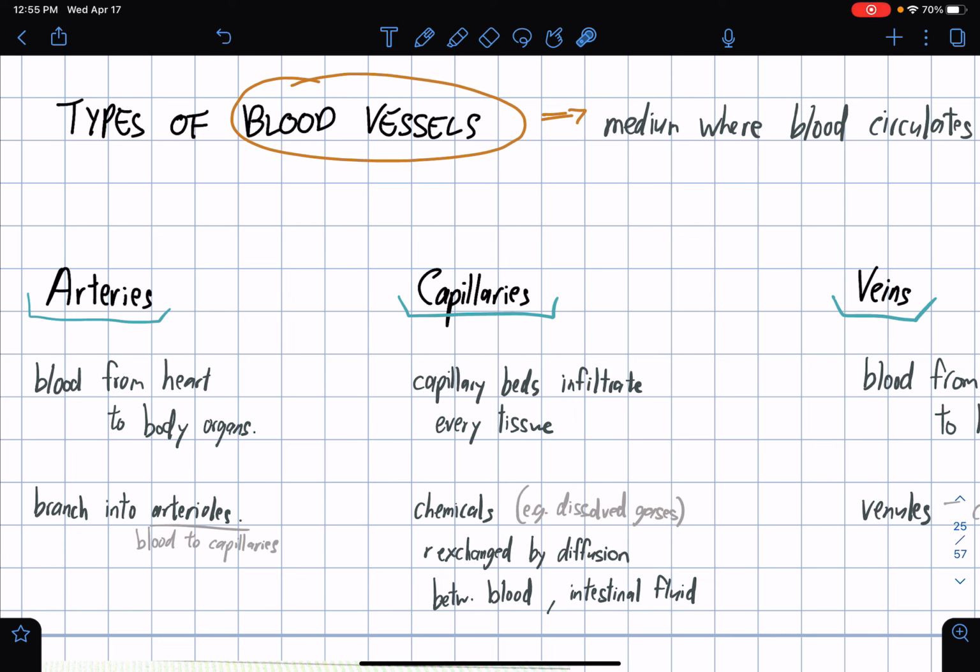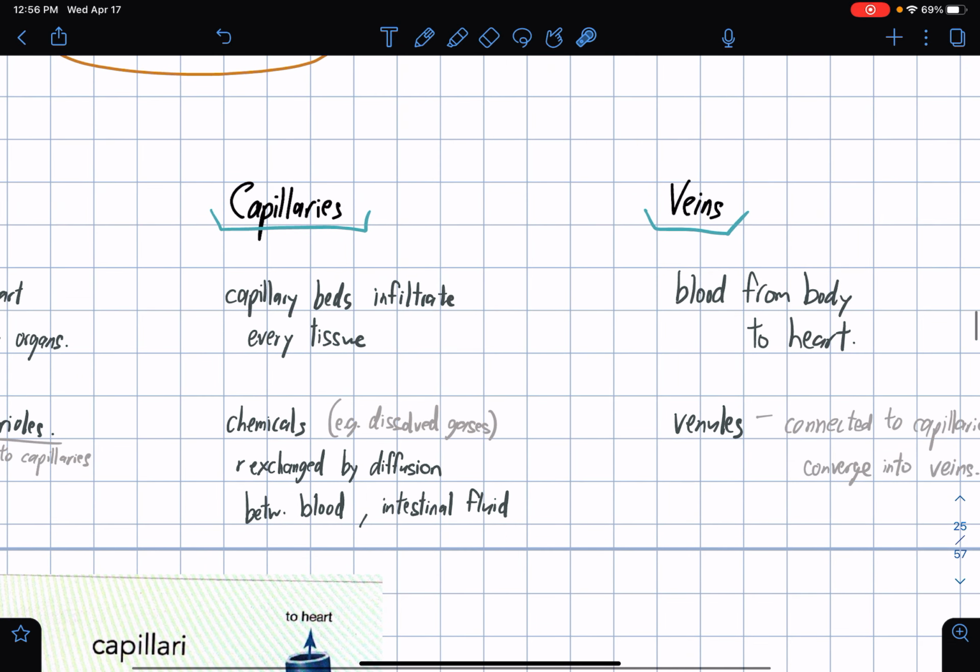From the previous video, arteries are the biggest; arterioles are narrower, and the narrowest blood vessels are the capillaries, which brings us to the second type. Capillary beds infiltrate every tissue. In every tissue of the body there is a network of capillaries, and this is how food and oxygen are distributed to the human body.